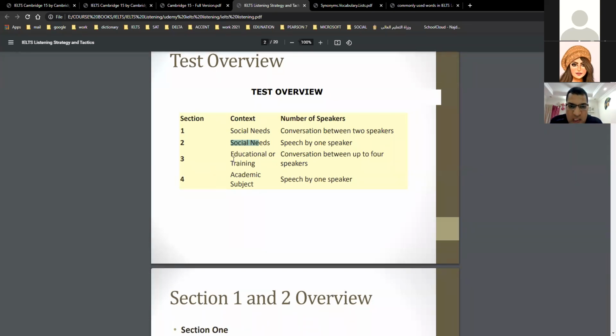Section 3, how many speakers? Yes, maybe 2, not only 3, maybe 2, 3 or 4. Okay? Now, last one, section 4, how many speakers? Yes, 1. How many questions in each section?